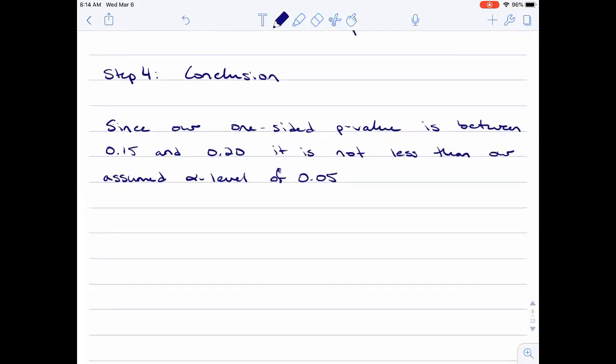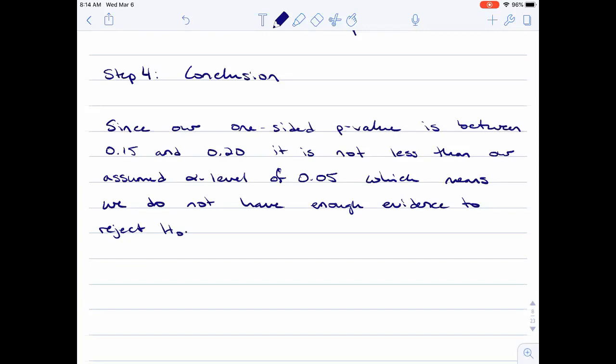If it's not less than our alpha level, then we haven't moved far enough away from the hypothesized mean to reject it, which means we do not have enough evidence to reject H0.